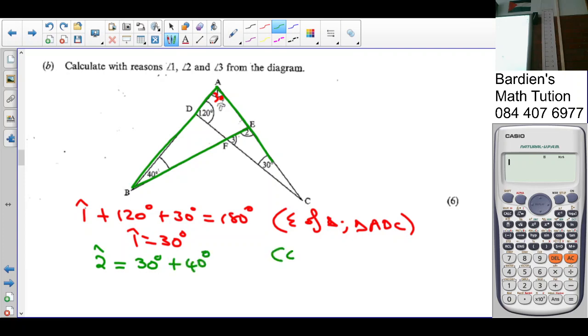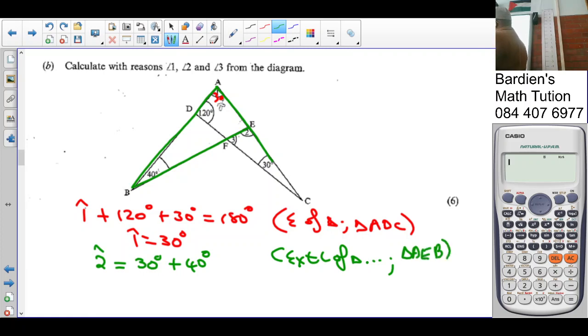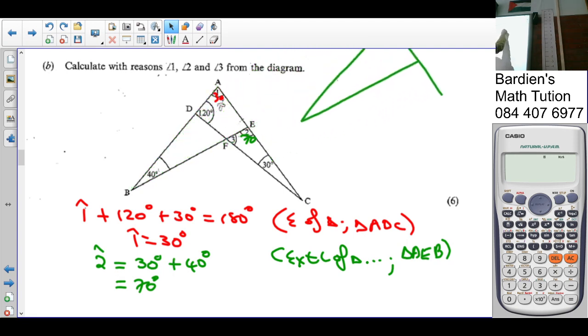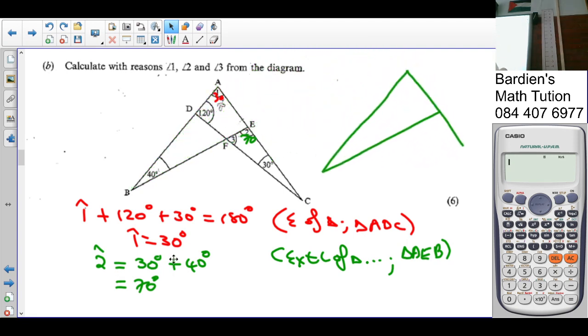Why? Exterior angle of triangle equals the sum of the two interior opposite angles. And it's the exterior angle of triangle AEB, which gives you an angle of 70. Okay, you guys understand? Yeah.